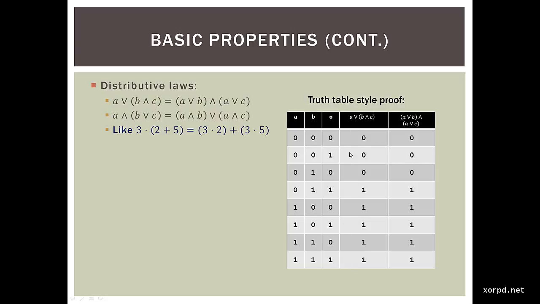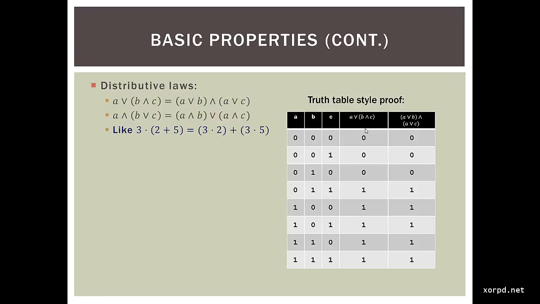Let's just try one of those possibilities to check it, to make sure that you know how to create this kind of table yourself. Let's look, for example, at this input. A equals 0, B equals 1, and C equals 1. So what do we get?